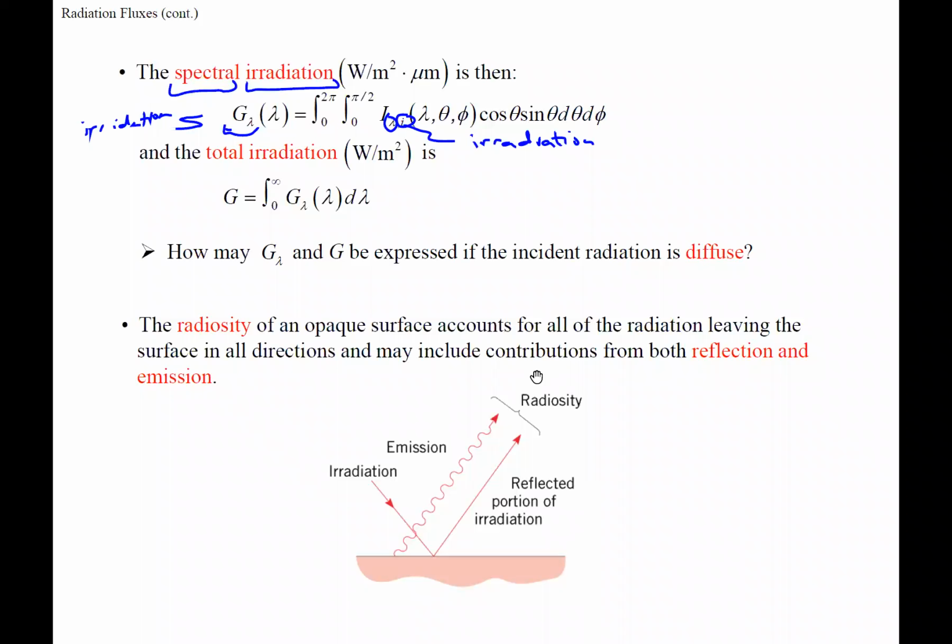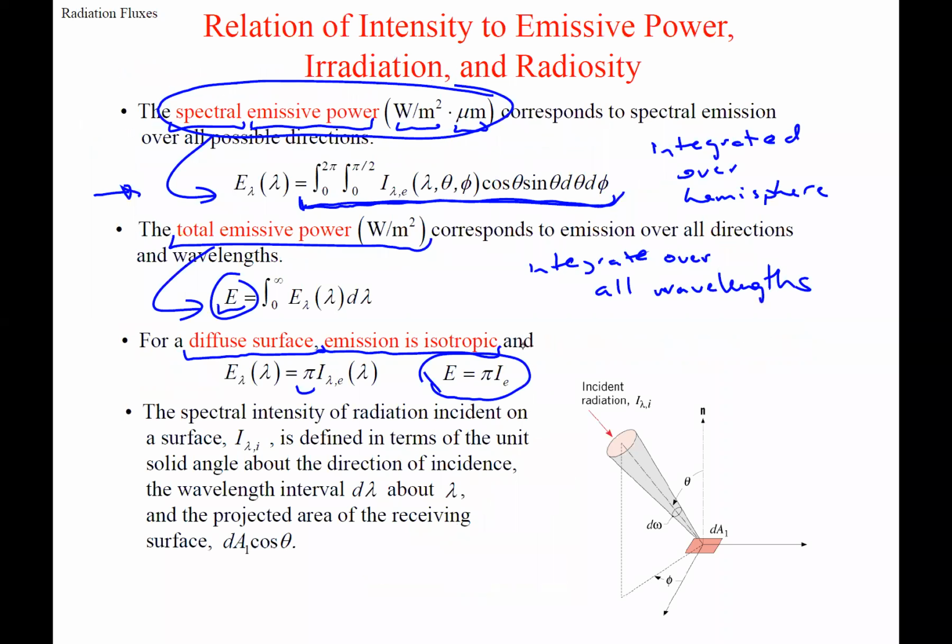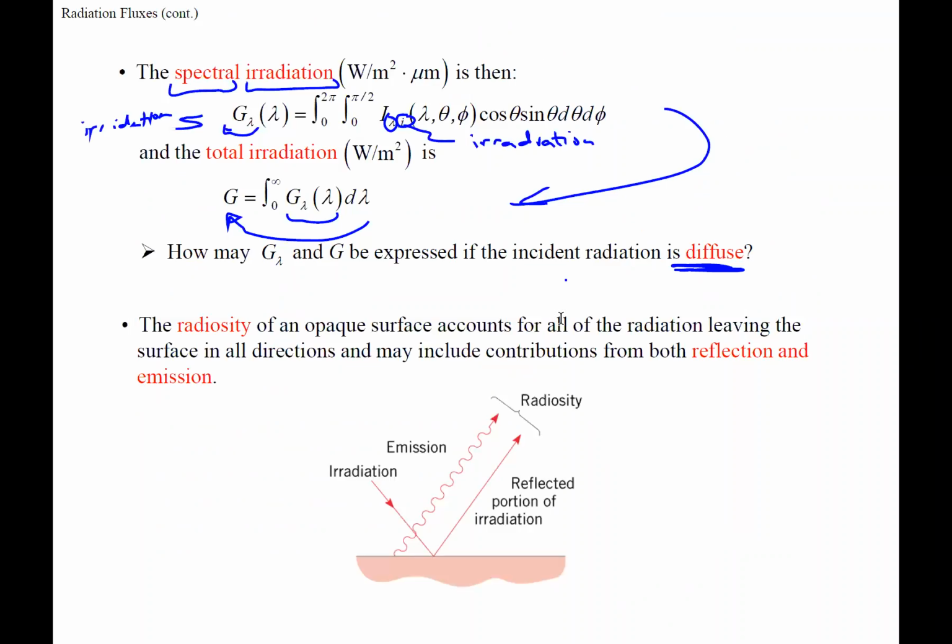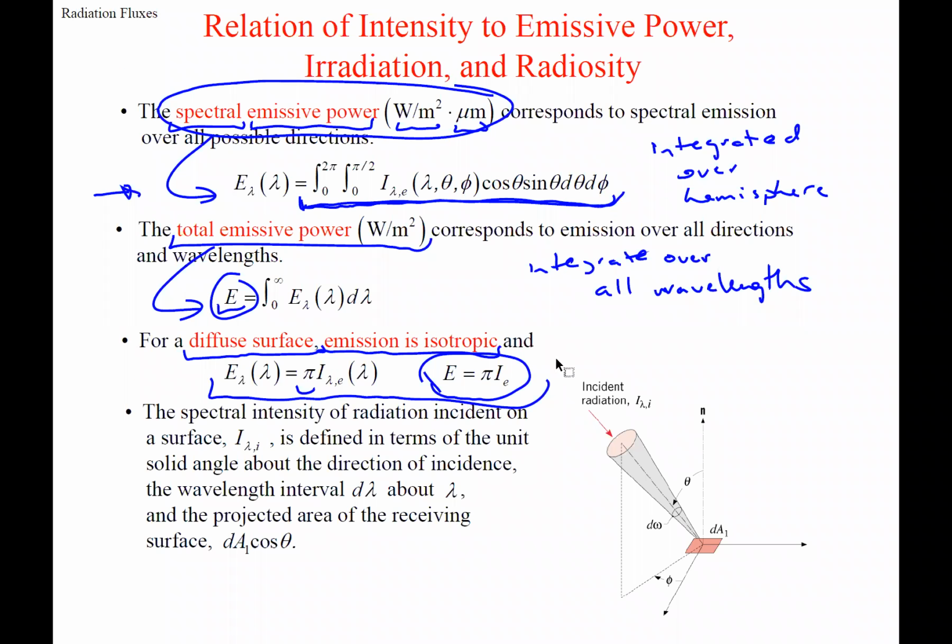And if you integrate over direction, then you now have to integrate over wavelength, and that's where you get the total irradiation. If it's diffuse, we can create equations for it that look exactly like these two here, just with the term as G and the subscript e changed to i.